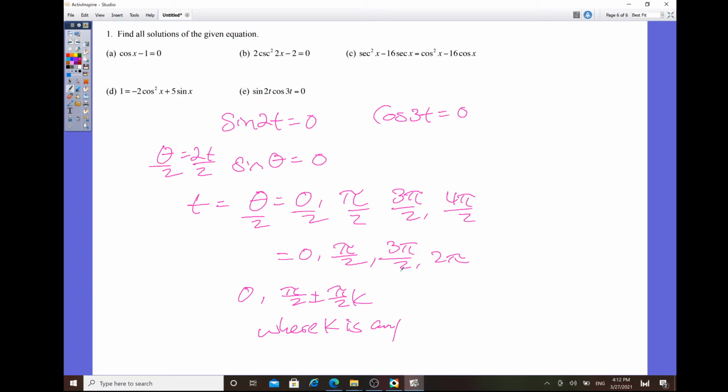Well, this one, pi over 2 to 3 pi over 2, so it's actually plus minus pi k. And then 0, 2 pi, so we can say that 0 plus minus 2 pi k. So gotta be careful. This one, k is any integer. But k here, it's any whole number.